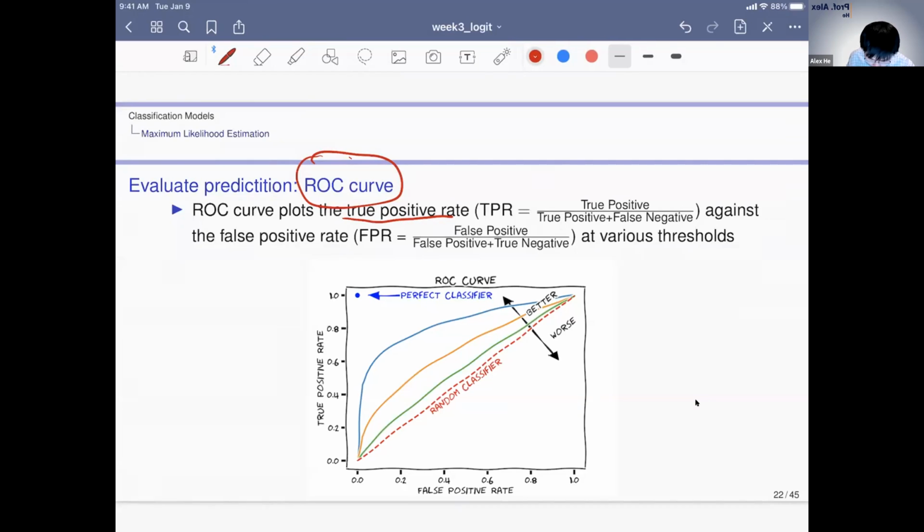So basically, when you do a prediction, let's say this is the truth and this is your prediction. Let me try to draw more nicely here.